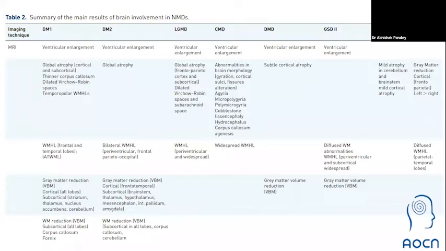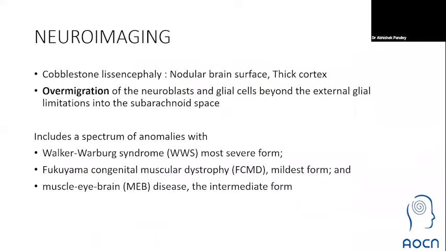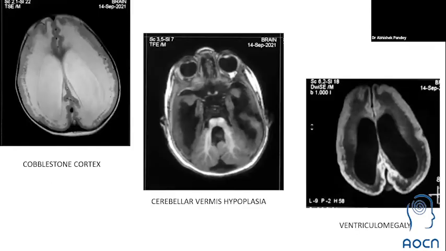There are other neuromuscular diseases which can be associated with brain malformations. However, our child had typical characteristic findings which fitted into a congenital muscular dystrophy. Neuroimaging showed cobblestone lissencephaly, which, as I already reiterated, brings down the differentials to very few, and the cobblestoning is because of over-migration of the neuroblasts. So these are all images of our index child.